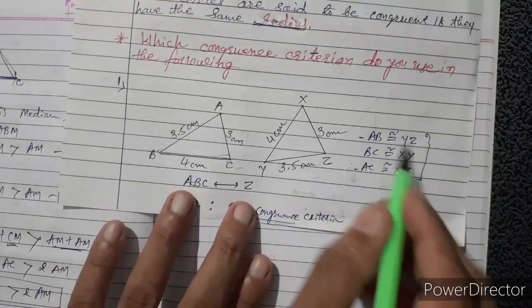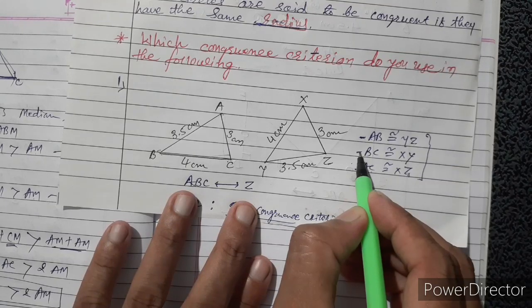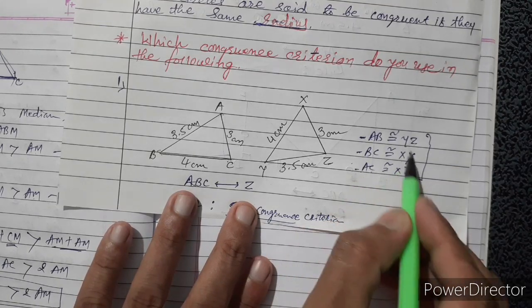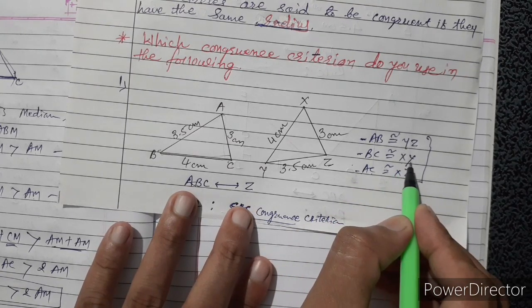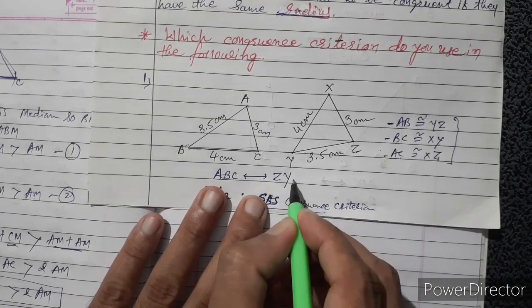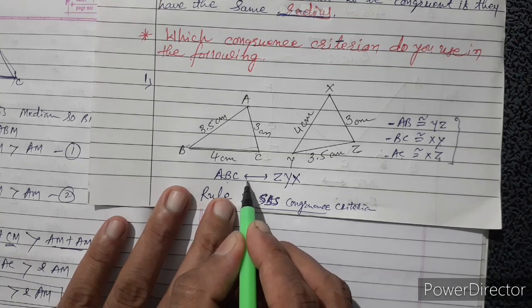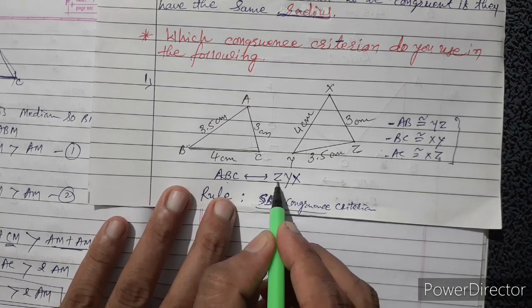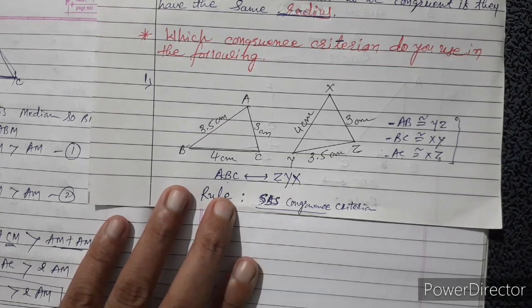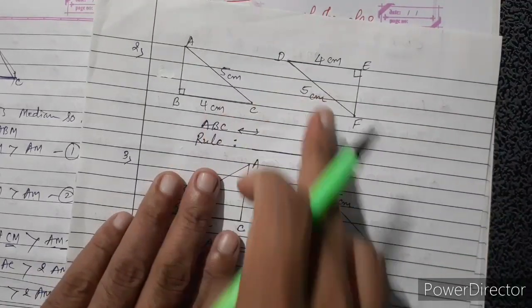Then B, so AB and BC, in that B is there, and here the common point is Y, so here Y, and the third one is X. So ABC corresponds to ZYX. Clear?